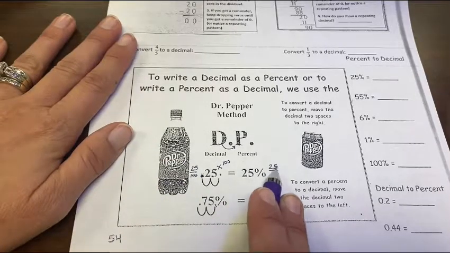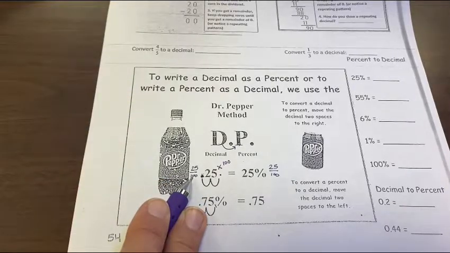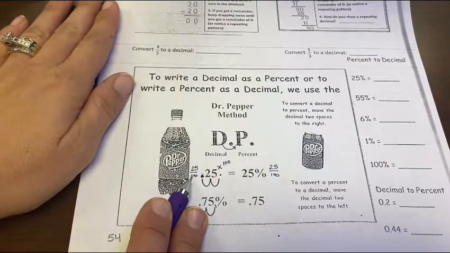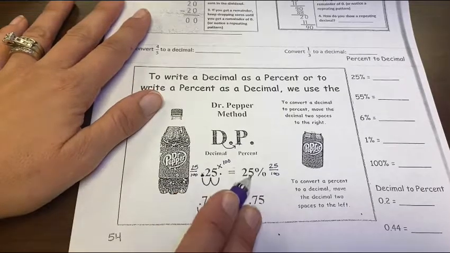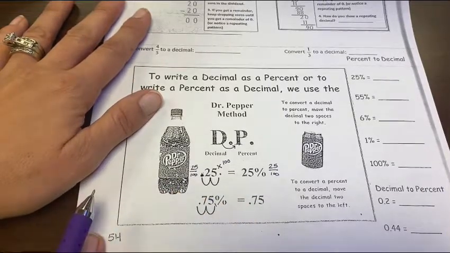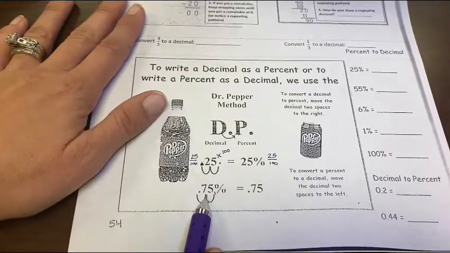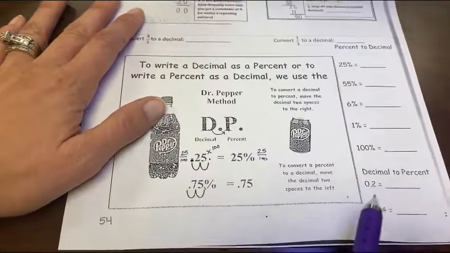Both of these are still part of a whole. The reason we change from decimal to percent is that in different instances in real life, some numbers are given to us as percentages and some as decimals, and we have to know what the equivalents are. So again, we're going from decimal to percent. Let's look over here.